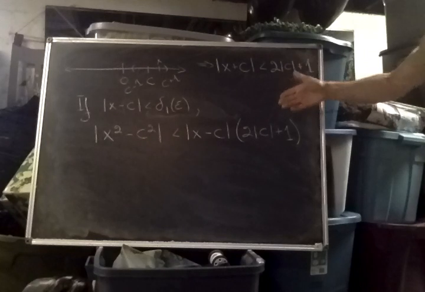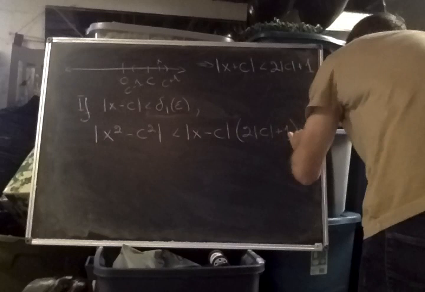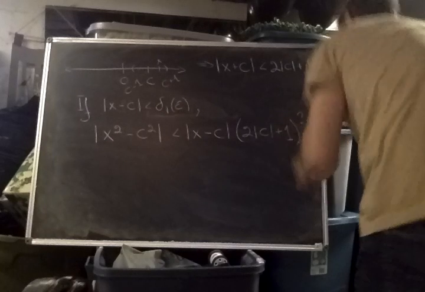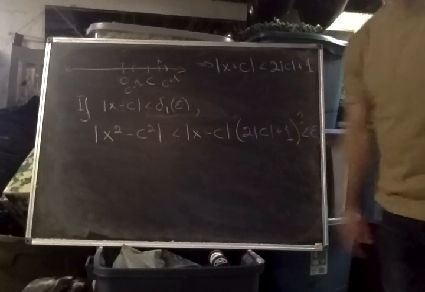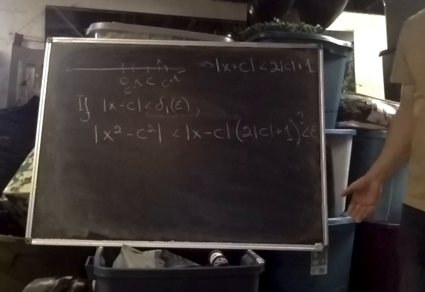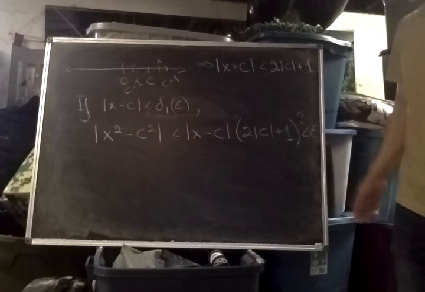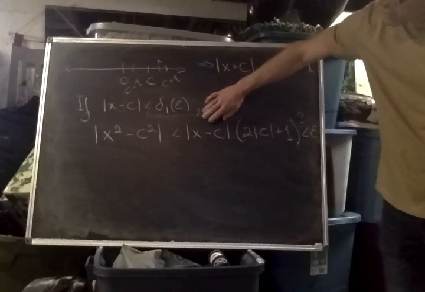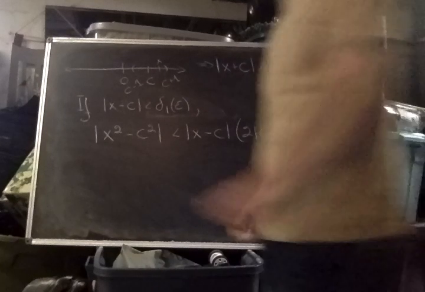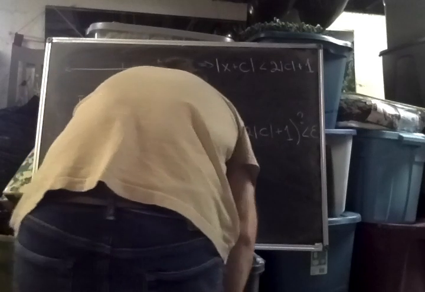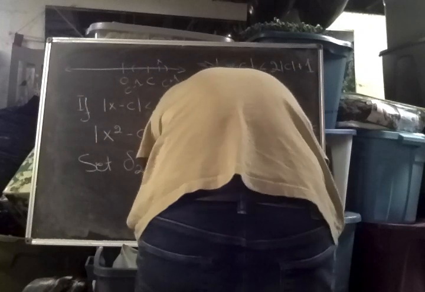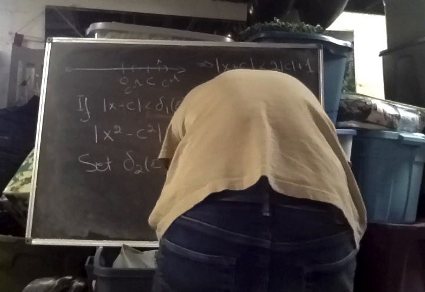We want this whole thing to be less than epsilon. And I'm allowed to make this part as small as I want. So all I'm going to do now is choose another delta, a delta 2 of epsilon, that says this should be smaller than epsilon divided by this constant. So set delta 2 of epsilon to be equal to epsilon divided by 2 times the absolute value of c plus 1.